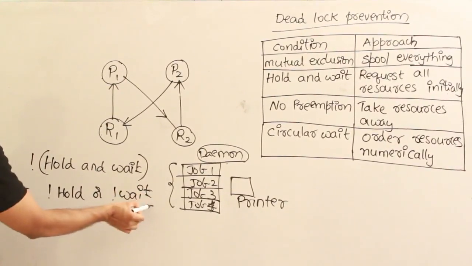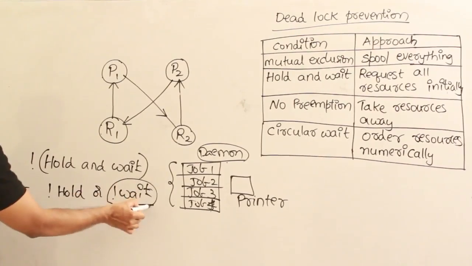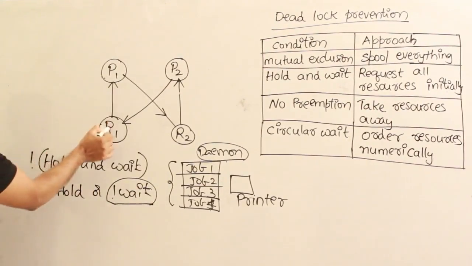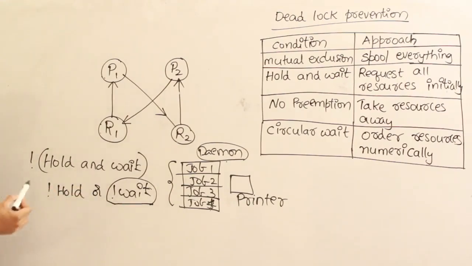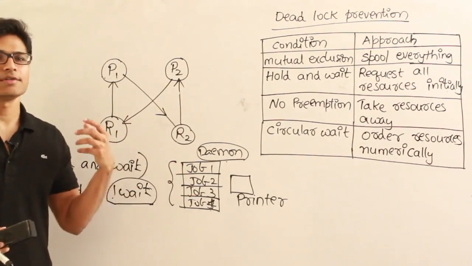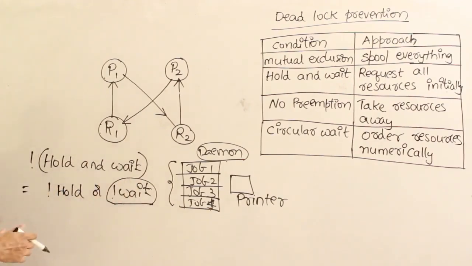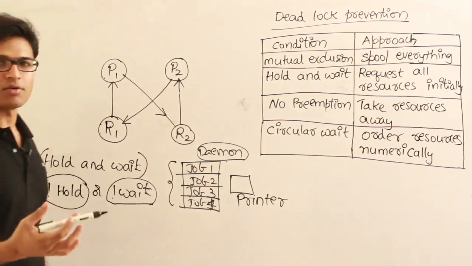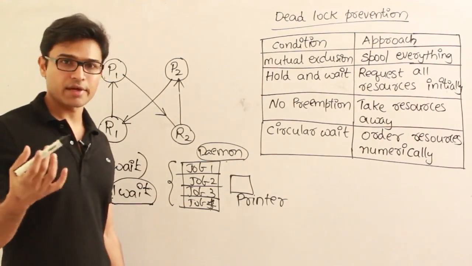Now if you don't want to wait, then get all the resources at the beginning. So if this process wants 2 resources, you are supposed to ask for them before execution. If both of them are available, then only you are supposed to run, otherwise don't run. And what about not hold? Not hold means, in case you found out that you need one more resource after you have started, this is the second strategy.